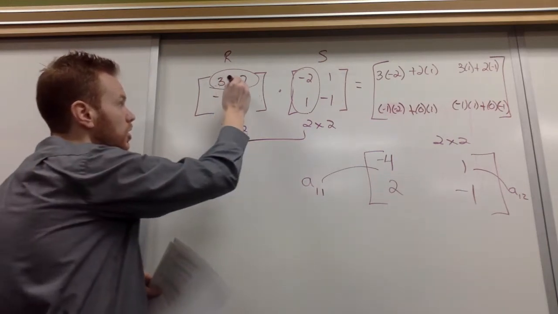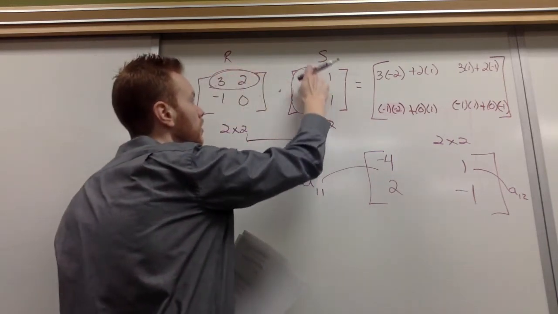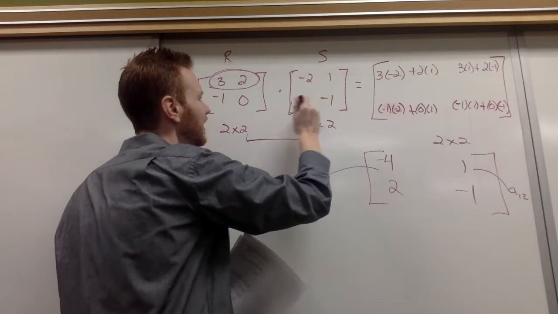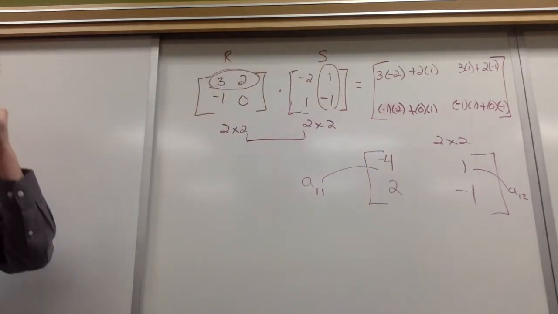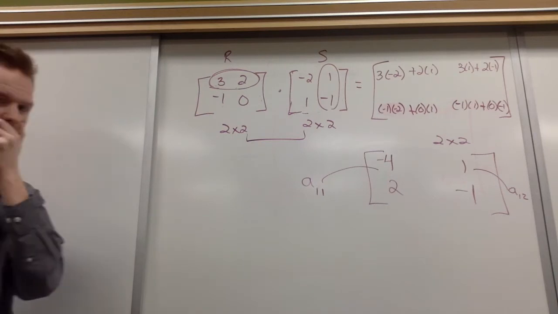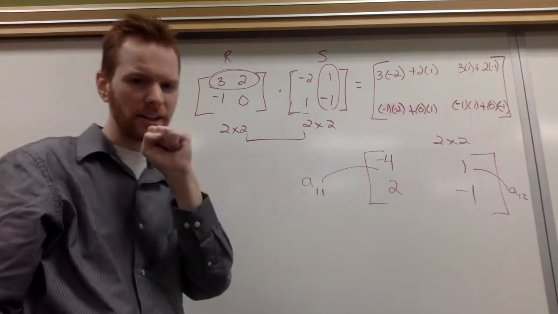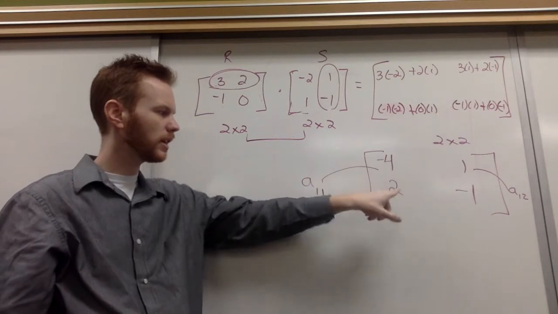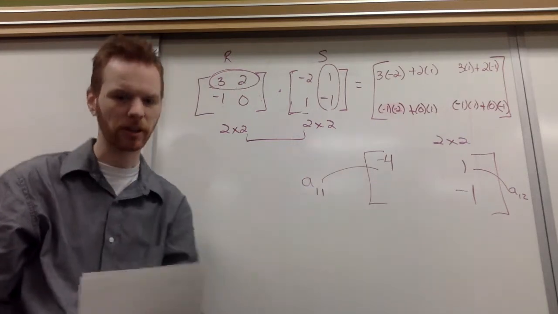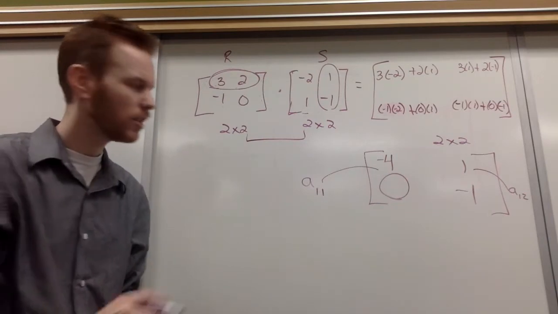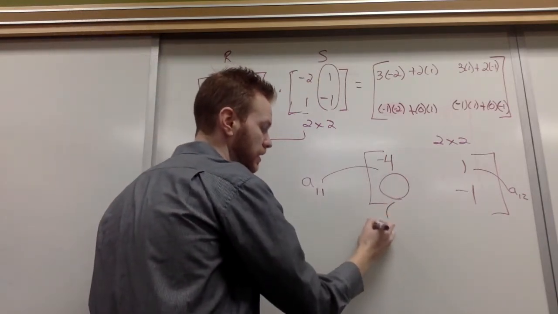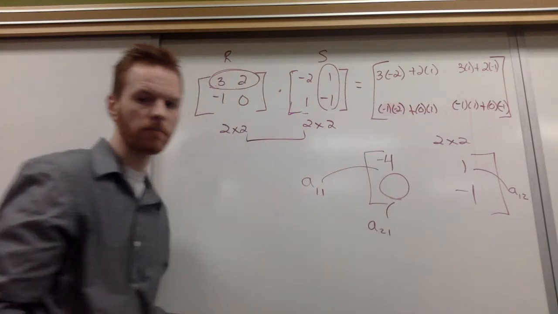And I literally took row 1 and column 2 to get to that guy. Okay? So the cool part is, if you're not sure, like if you're looking at, let's say this was blank, and you're like, okay, how do I figure out what this guy is? Well, look at it this way. This is in the second row, first column position.